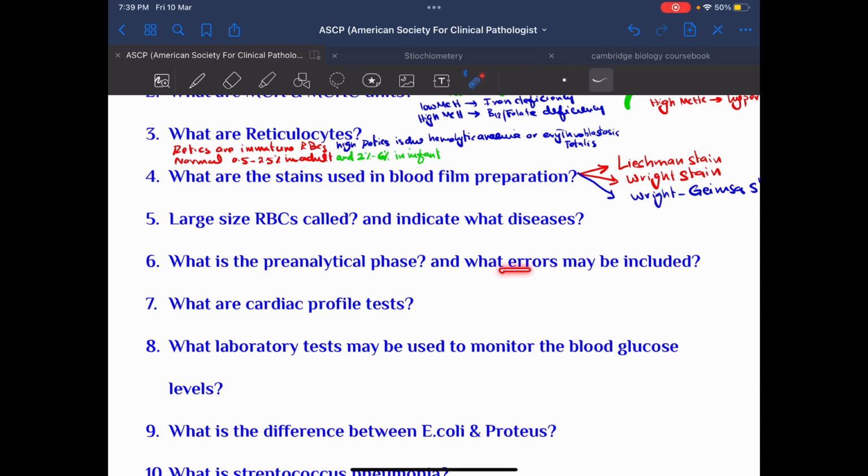All these errors can be included in the pre-analytical phase.